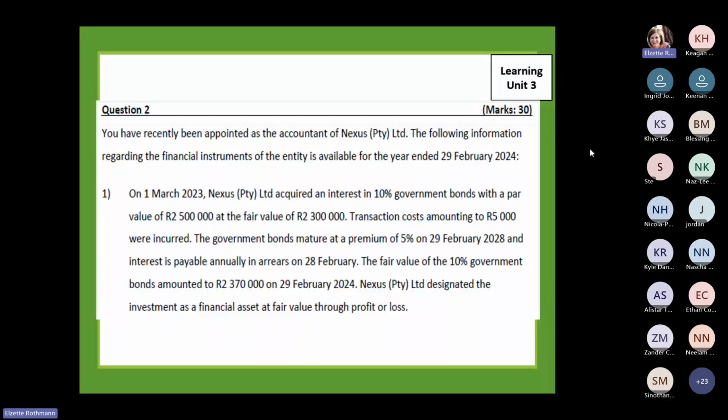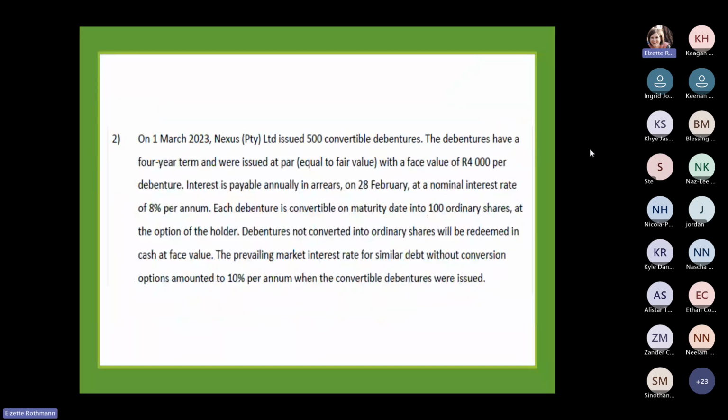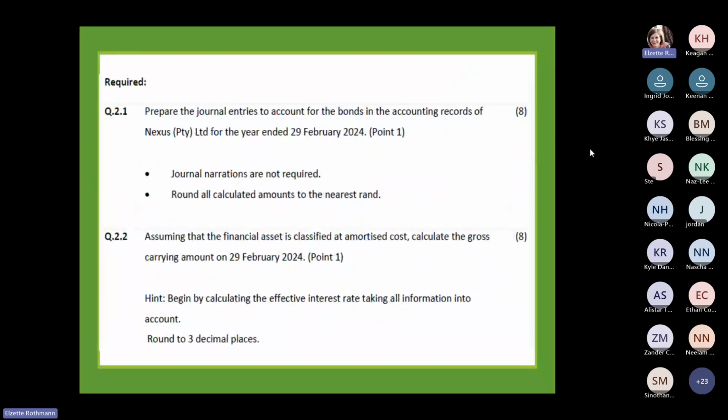Okay, before we look at this, I'm going to go to the required part again. So we have there number 1, number 2. Then at the required part 2.1, they ask you to prepare the journal entries to account for the bonds in the accounting records of Nexus Pty Limited for the year ended 29 Feb 2024.